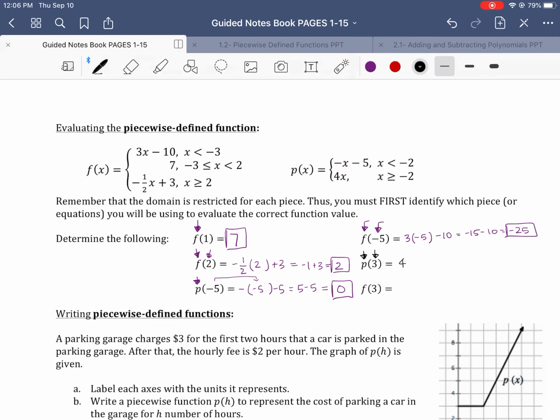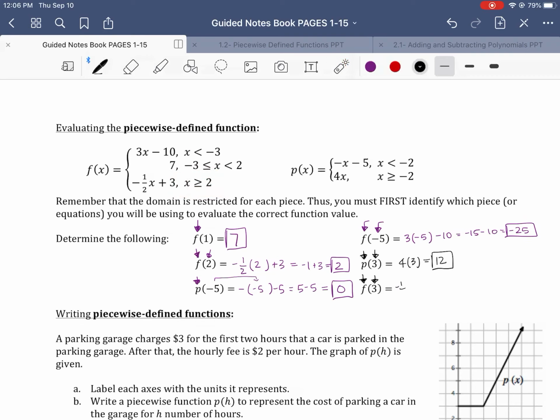So we do 4 times, inputting that 3, is equal to 12. Okay. And then the last one, we've got f, so we're back to the f function and a positive 3. So again, we ask, is positive 3 less than negative 3? No. Is positive 3 between negative 3 and 2? No. Is positive 3 bigger than or equal to 2? Absolutely. So we're going to use this function.